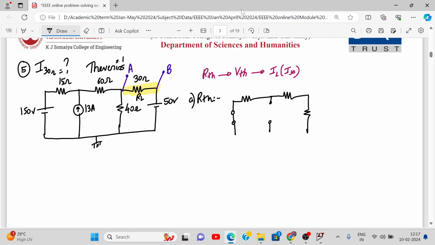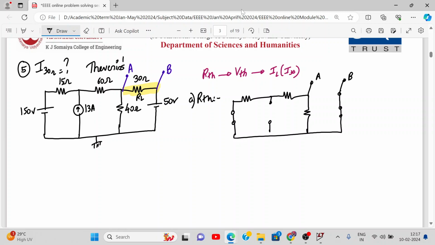Then we have this resistance. This is point A, and here we have a 50 volt source, so this is point B, which is short circuited.